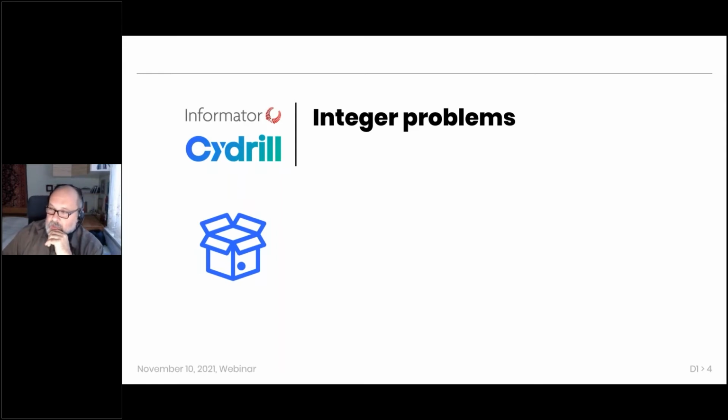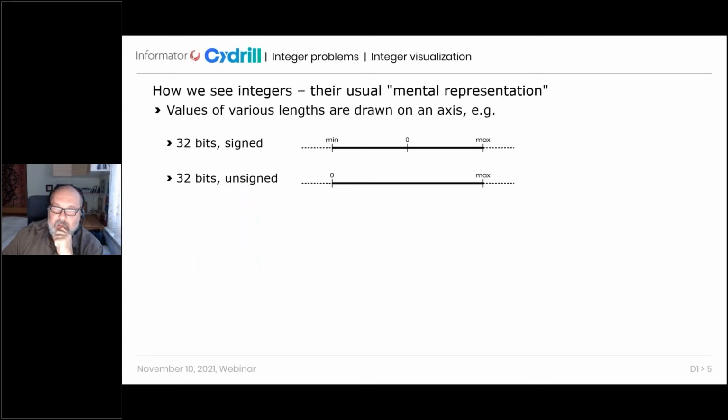So in all those programming languages, you have very similar problems. The first question and the first very interesting issue related to integer problems is, I know it's a strange word, the mental representation of integers in your head.